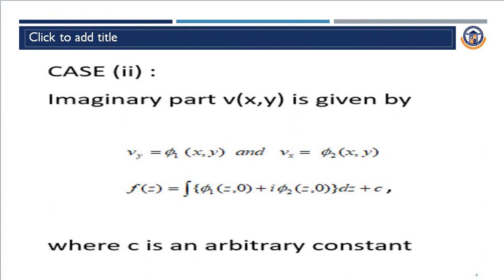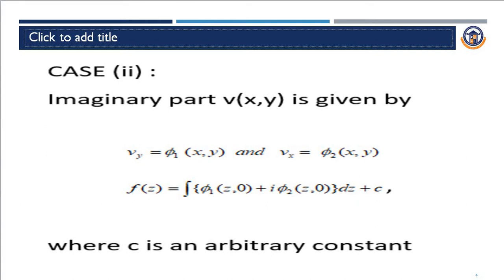If they give the imaginary part v of x comma y, then what is the formula to find the analytic function by using the Milne-Thomson method? If they give v of x comma y, you have to find the vy value and the vx value. vy is nothing but differentiating partially with respect to y, that is dou v by dou y.